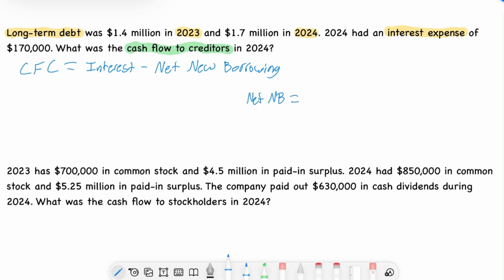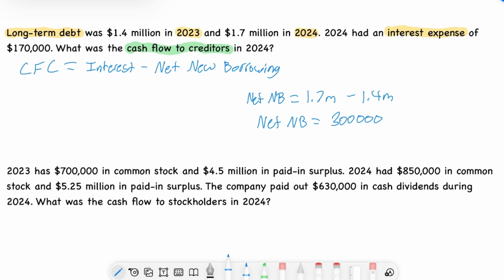We had an ending borrowing of $1.7 million. So we started with a long-term debt of $1.4 million, and the long-term debt increased to $1.7 million, which means we borrowed more money. So we ended with $1.7 million. We're going to subtract $1.4 million. We're going to have a net new borrowing of $300,000. So we borrowed $300,000 more this year.